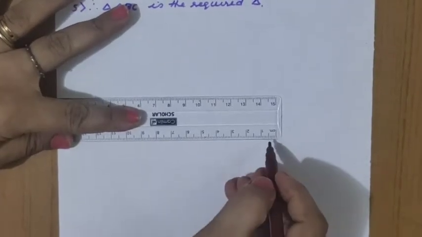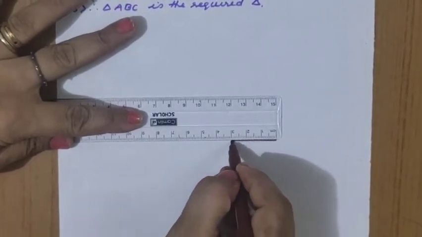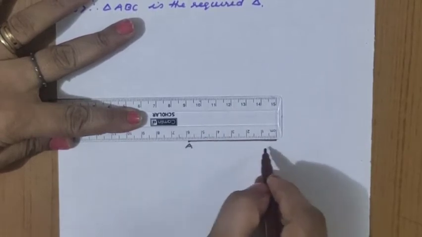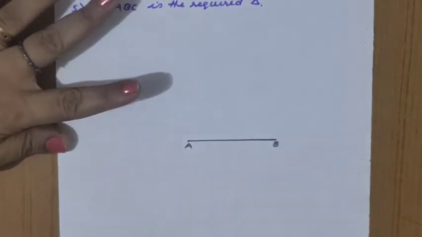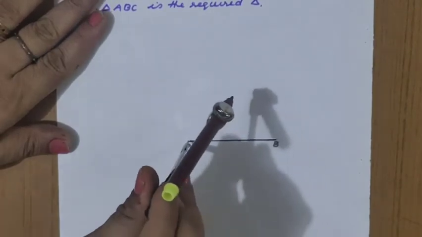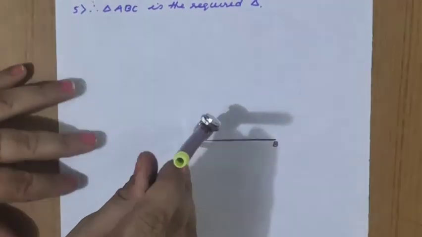So first we will draw the 5.8, that is AB. Up to here only. A and B. Okay. Now at A, what is the angle construction? 60 degree to be done. So at A we can keep the tip of the compass and draw the angle.